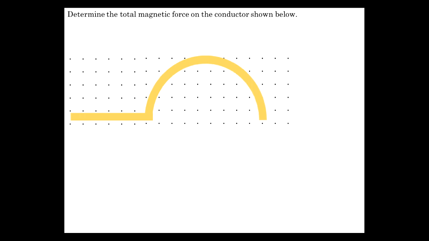Okay, a little example here. We are going to consider a conductor of this strange configuration immersed in a magnetic field B coming out of the page. And we have current I flowing around through the whole thing.